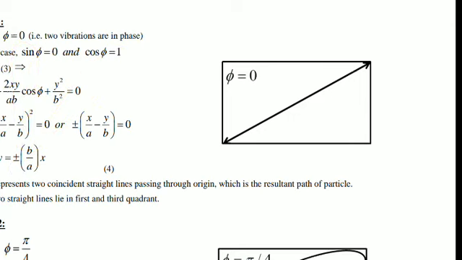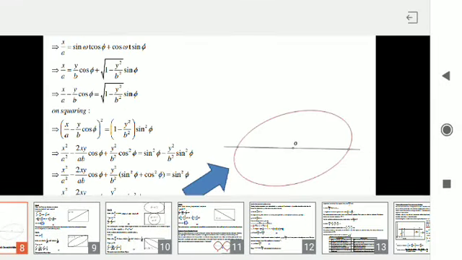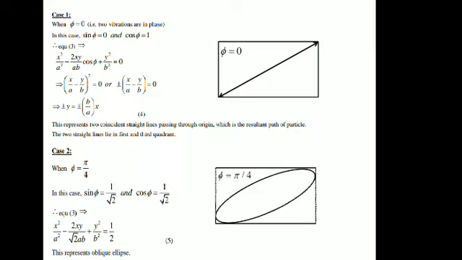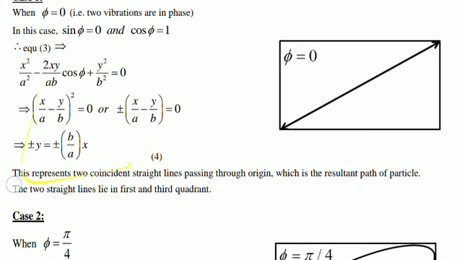If you put these values in equation number 3, we get x square by a square minus twice xy divided by ab cos phi plus y square by b square is equal to 0. Sin phi is 0, so the right hand side becomes 0, and cos phi is 1, though I have not put this value over here.